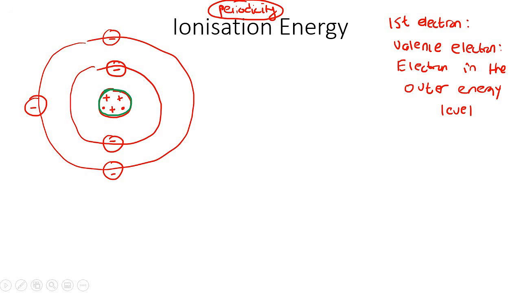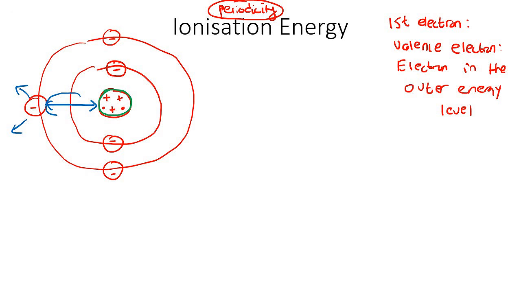And so, unfortunately, there is an attractive force over here. They are attracting each other because oppositely charged things attract. So we are going to have to try to pull this electron away.